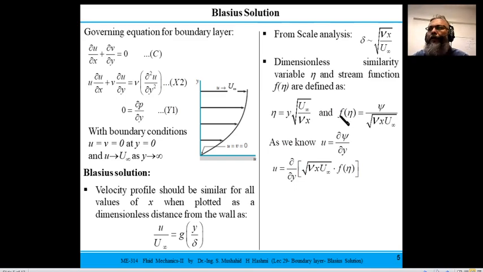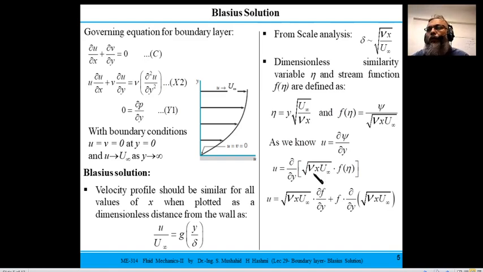So just bring f of eta and the term in the denominator on this side and differentiate psi with respect to y. Here you see you are differentiating with respect to y. So U infinity, x and kinematic viscosity would be considered constants.